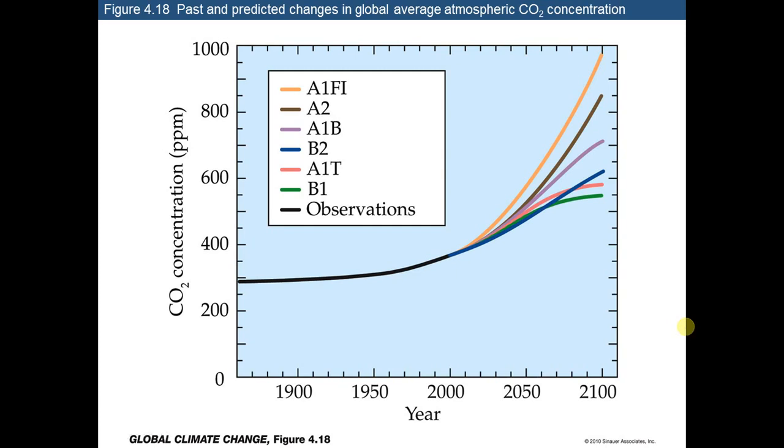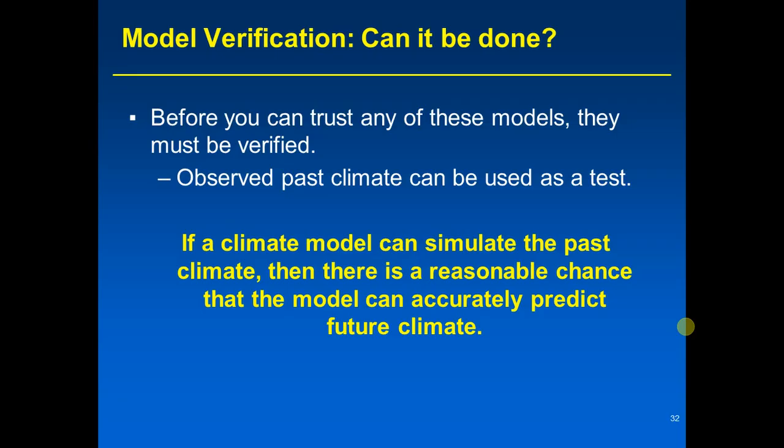Now, we want to start looking at what the climate models show for the future, but in order to do that, we first have to test the models against observed past climate in order to make sure they are trustworthy. So before you can actually trust the models and what they show for the future, they must be verified.